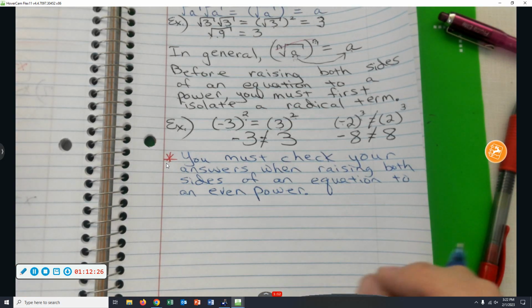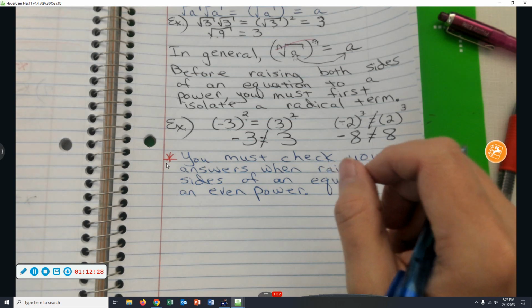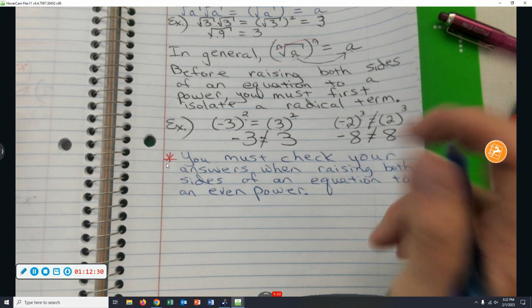Even, 2, 4, 6, that means if it's a square root or a fourth root or a sixth root.